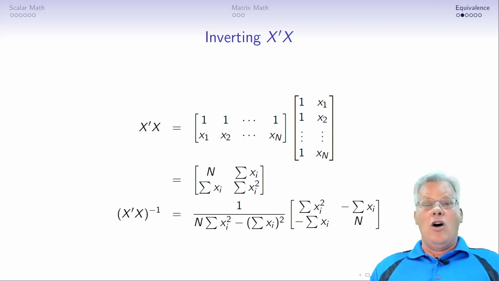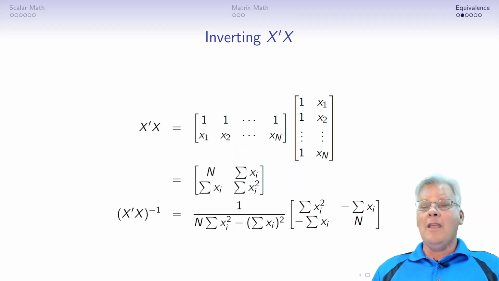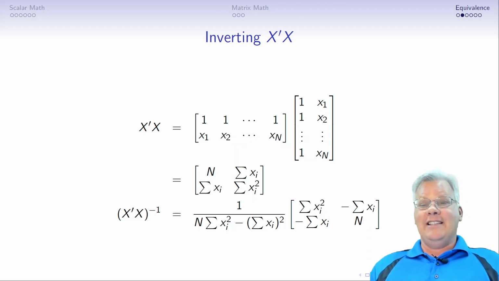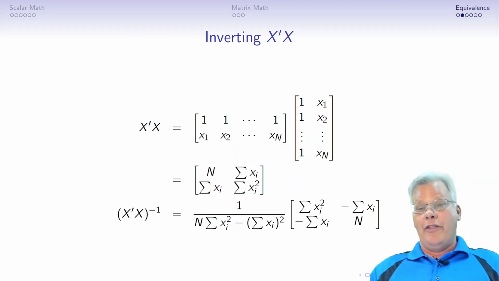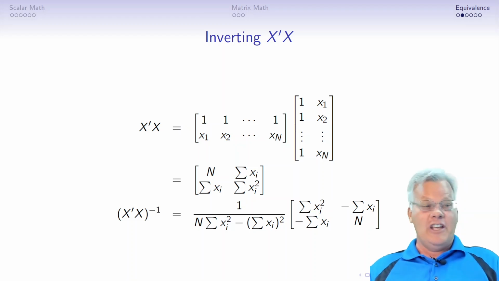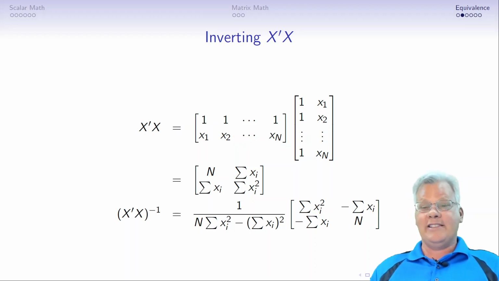Applying this now to our matrix of interest, x prime x, let me first remind you of what x is. The definition of x is repeated on the far right of the first line. It's a column of ones and then a column of the observations of x, x1 through xn.